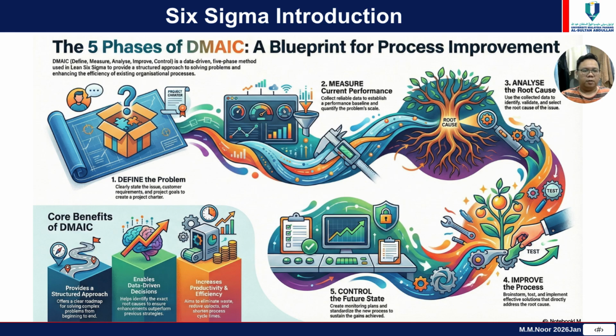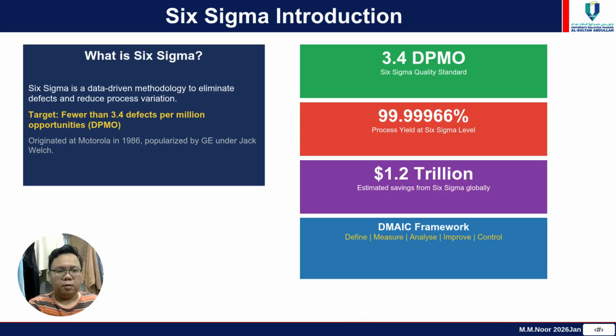Today, Six Sigma has generated billions of dollars in savings worldwide and remains one of the most effective continuous improvement approaches. This table shows the relationship between Sigma level, DPMO, and process yield.